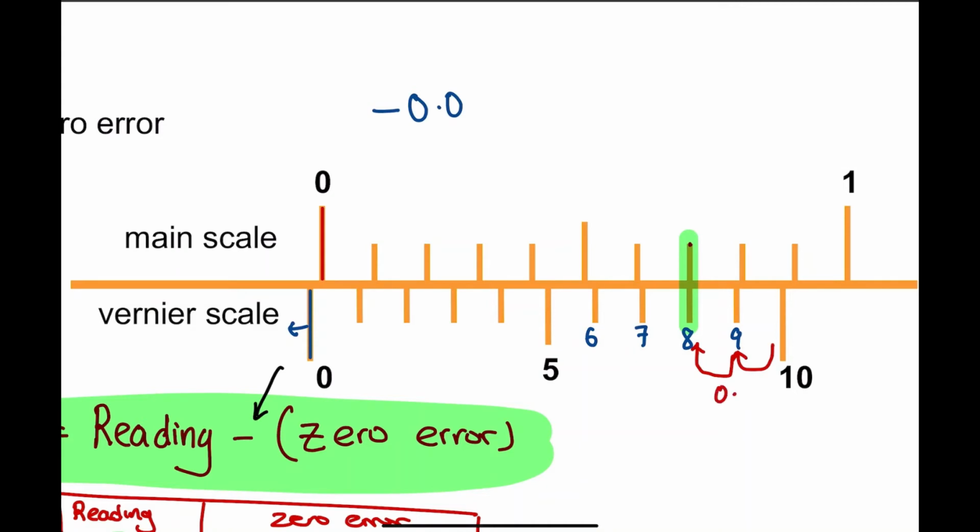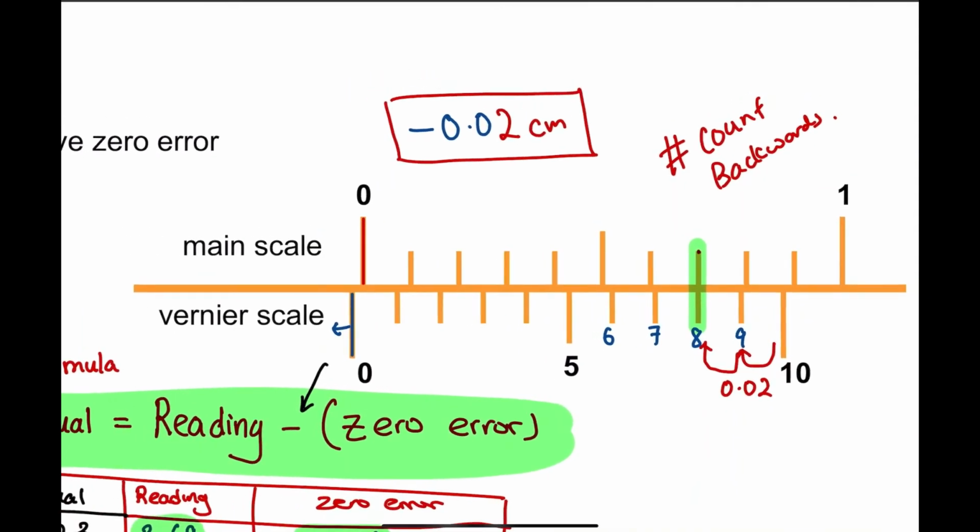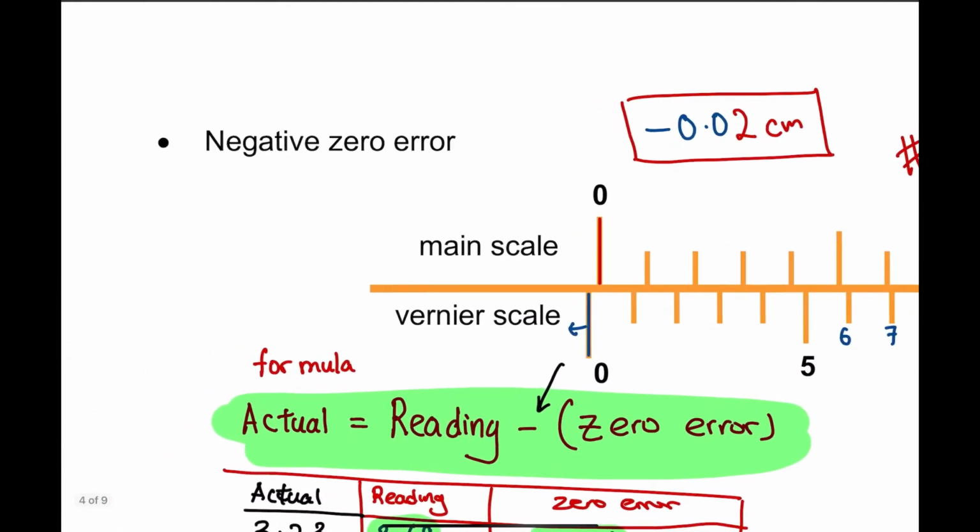This is 0.02. So therefore, your zero error in this case is a negative zero error, negative 0.02, because you need to count backwards. Okay, that's it. Count backwards for negative zero error.